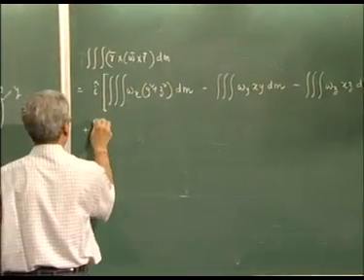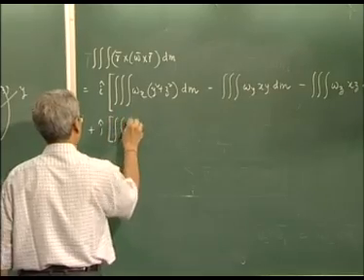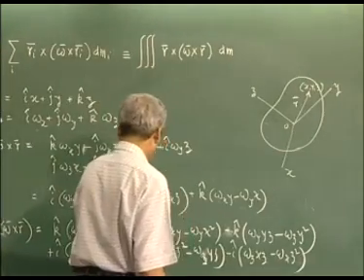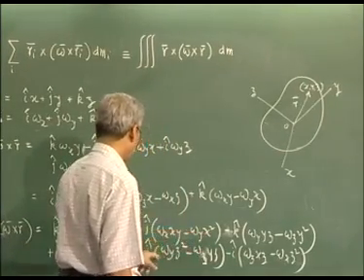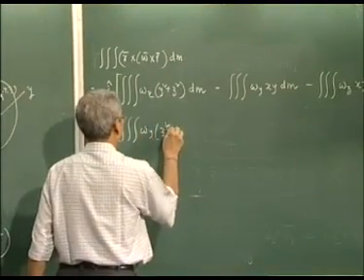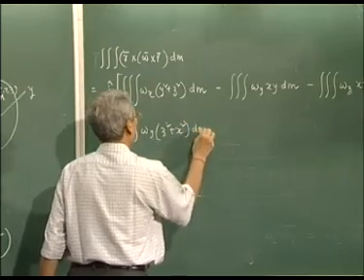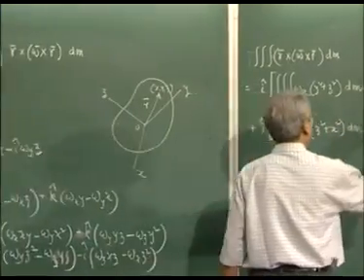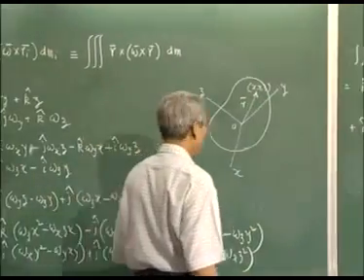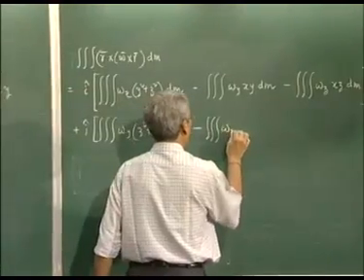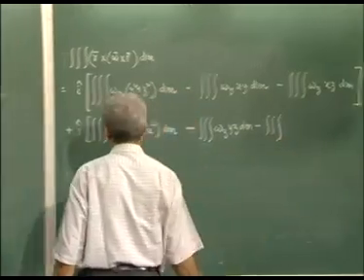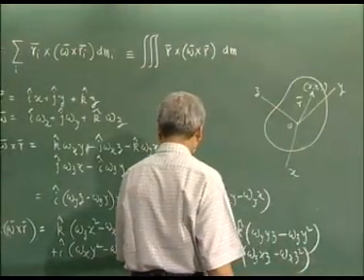Plus j times omega y z squared plus omega y x squared, next omega z y z, minus omega x x y.